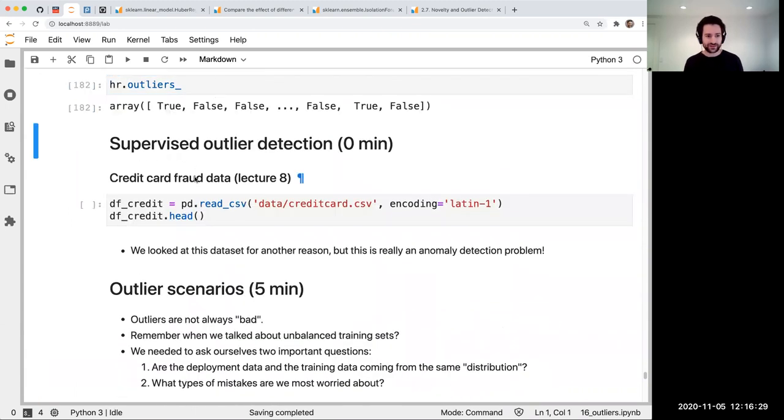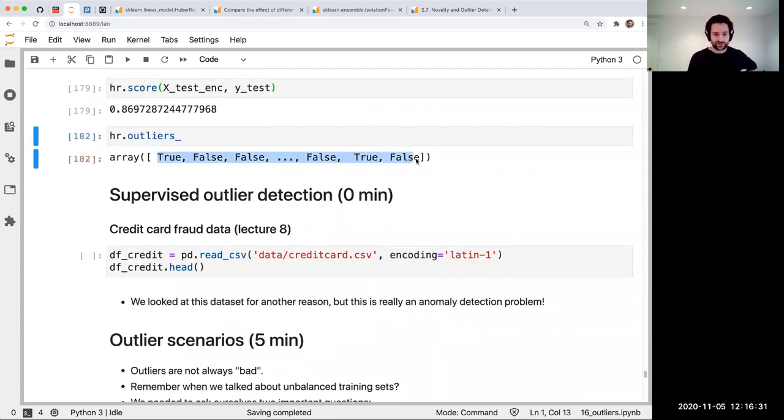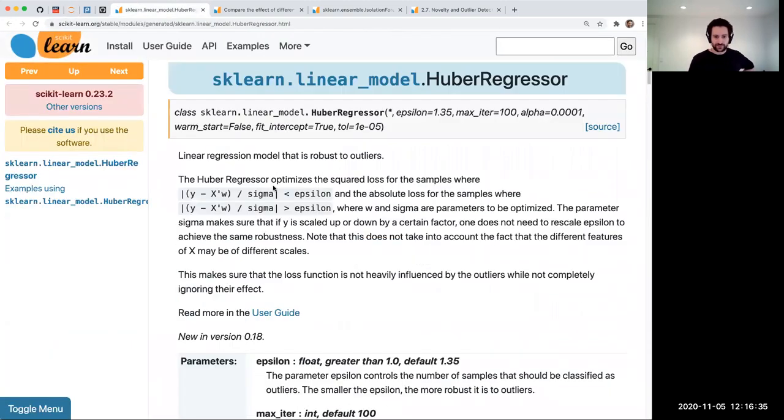So it seems to have found a lot of outliers, but we know there's only one outlier, and so there's actually a hyperparameter epsilon, which determines, yeah, the smaller the epsilon, the more robust it is to outliers.